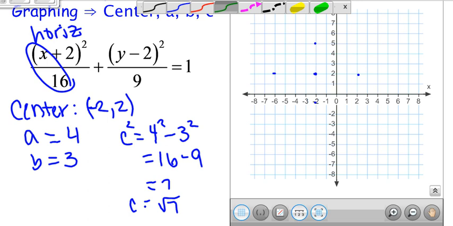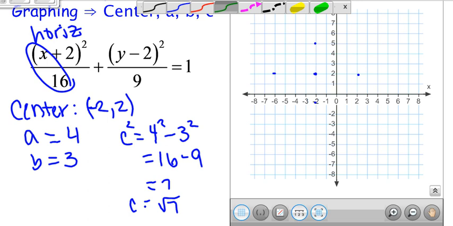They should always be inside of your ellipse. So the square root of 7 is between 2 and 3. So we're going to add roughly 2.5 to negative 2 in either direction, so add or subtract.